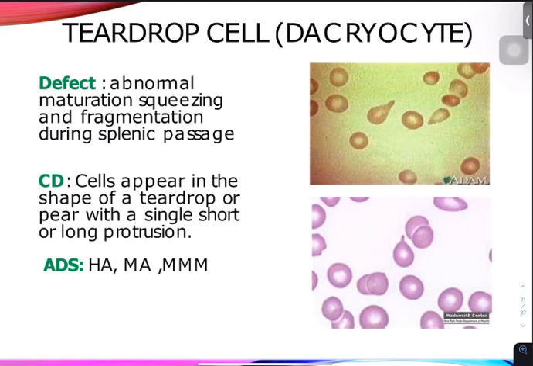Okay? So, usually, they look like a teardrop. Yan, parang luha. So, makikita natin yan pag mga exam, luha. Okay? Yan, teardrop shape or pear shape. One end is pointed.